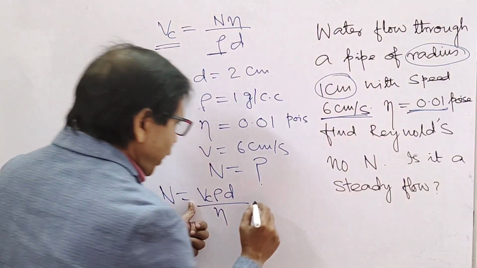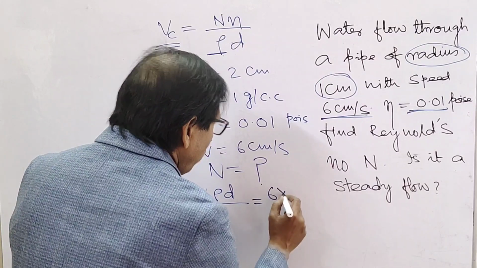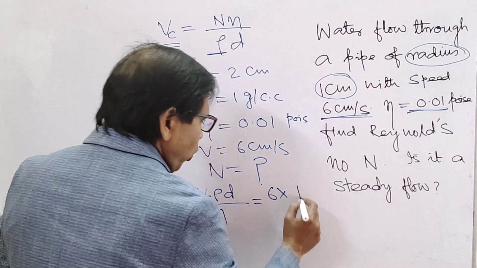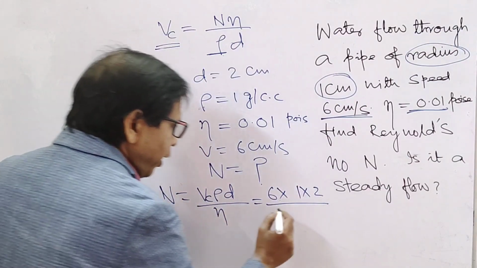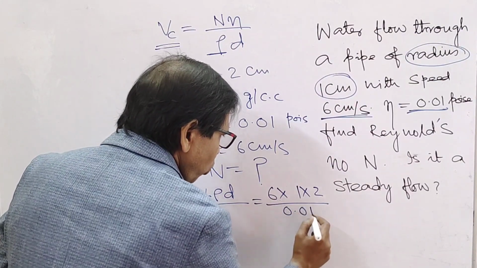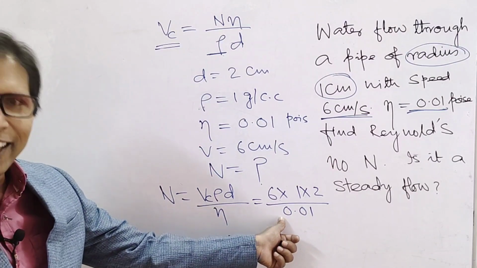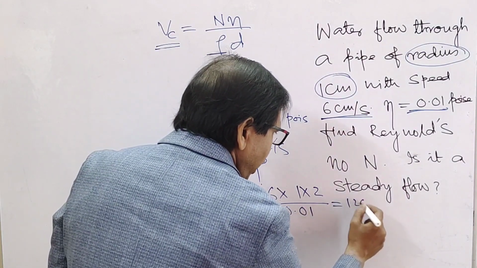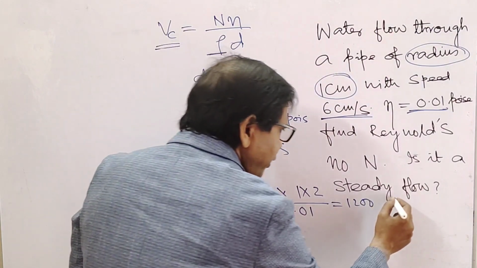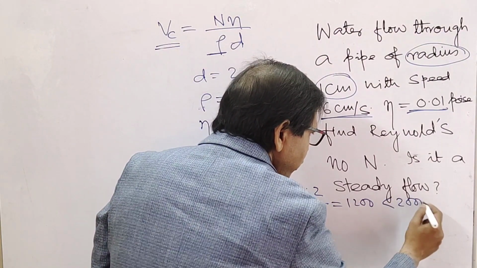Now Vc is 6, rho is 1, d is 2, and eta is 0.01. Okay, understood? So look at this. This is 1200. This is less than 2000.